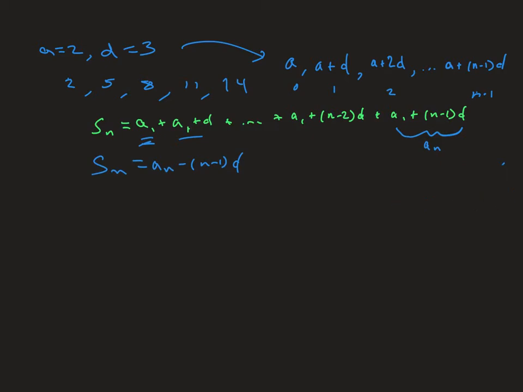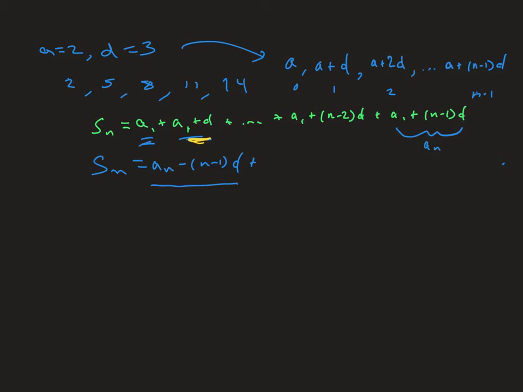And let's also write in a sub 2 in terms of a sub n. Well, remember that a sub 2 is really just a sub 1 plus d, as you can see here in this second term. So that basically means if we have a sub 1, we just have to add d to that to get a sub 2.